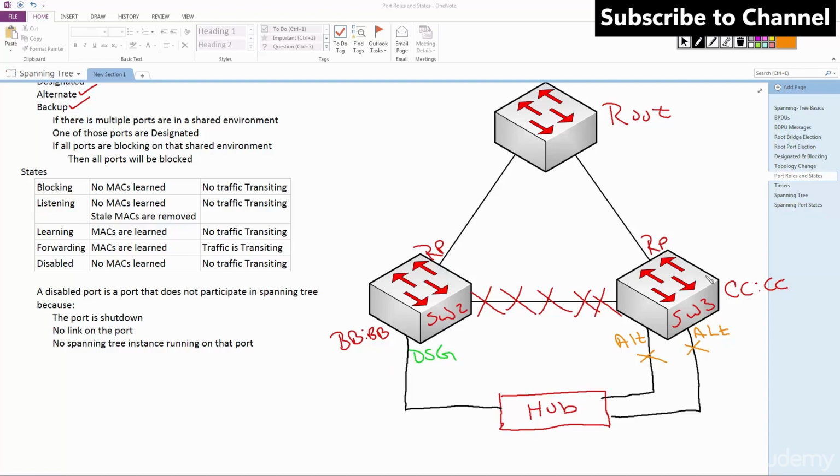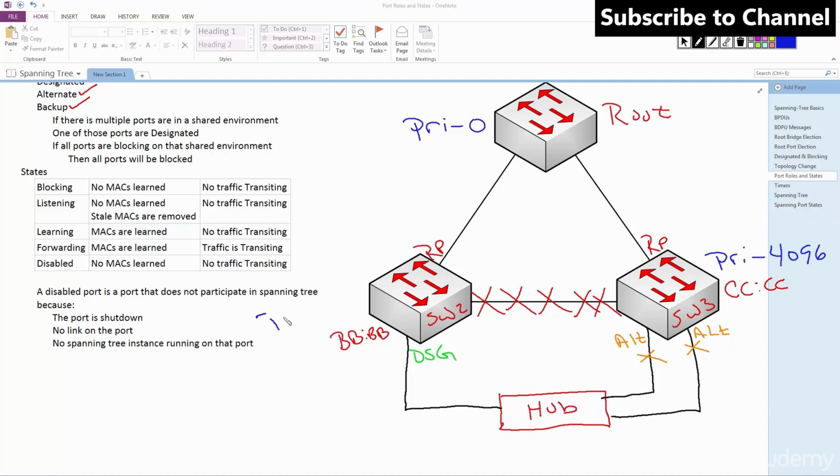What if I change the priority on this switch? Now, we'll say our priority up here is going to be 0. We're going to say the priority over here is going to be 4096.